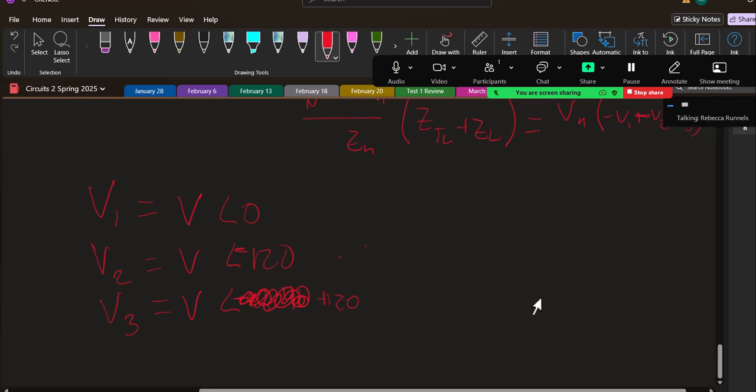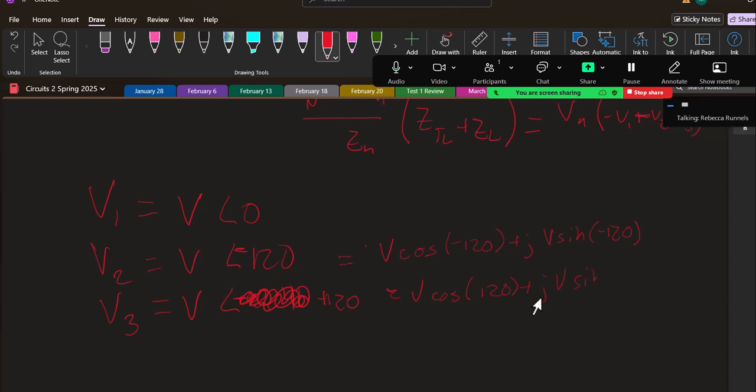Yeah, so this would be V cosine negative 120 plus jV sine negative 120, and this would be V cosine positive 120 plus jV sine positive 120, and this is just V.